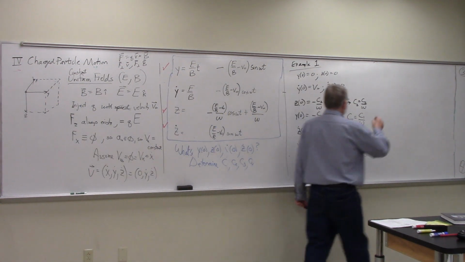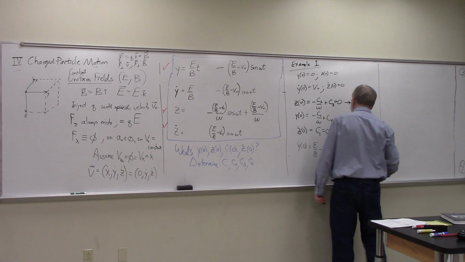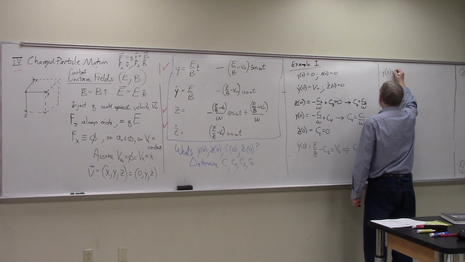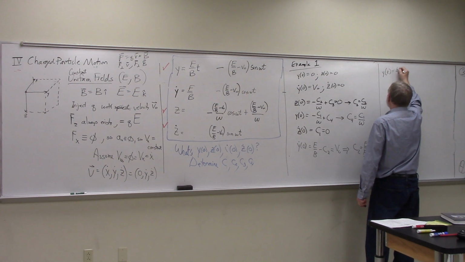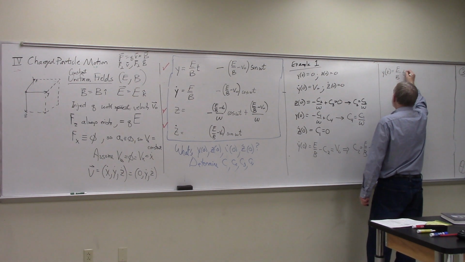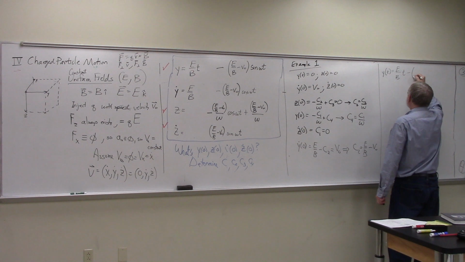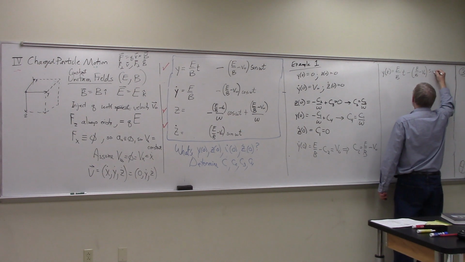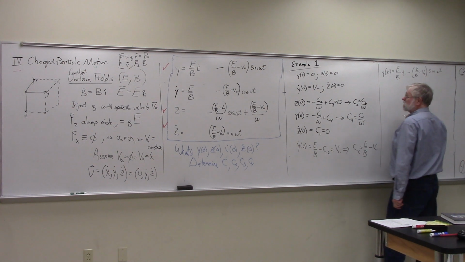Let's write down our summary equations over here so they're a little easier to look at. Y as a function of time is E over B times t minus the quantity E over B minus V0, instead of omega t.